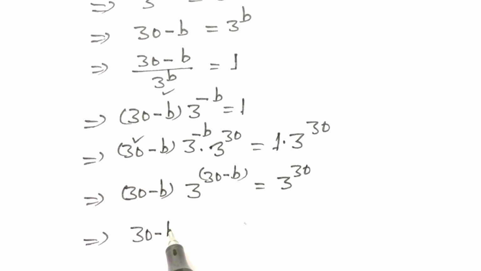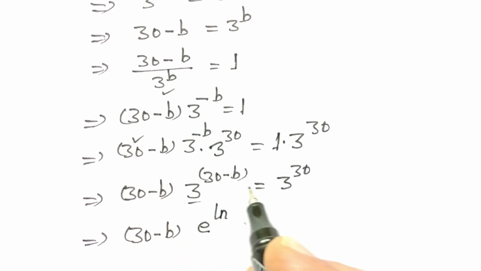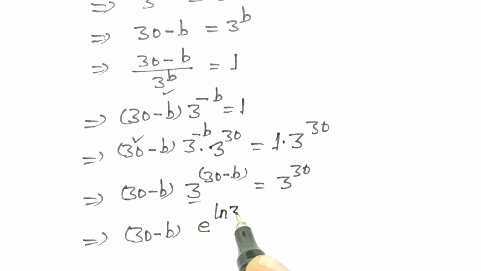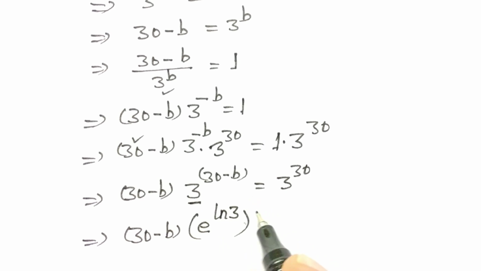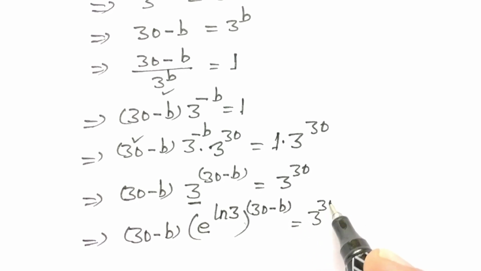Now, (30 minus b), and in place of 3 we will write e to the power natural logarithm, or ln 3, right? So in place of 3 we can write this to the power (30 minus b) is equal to 3 to the power 30.